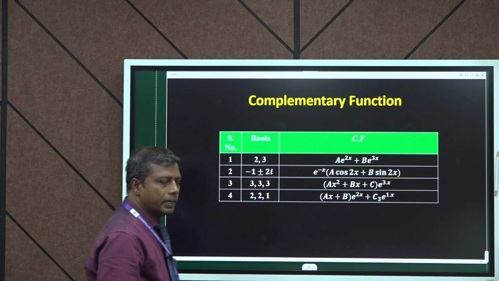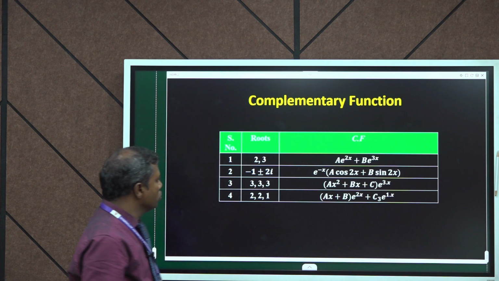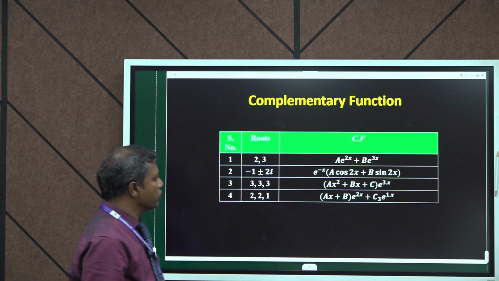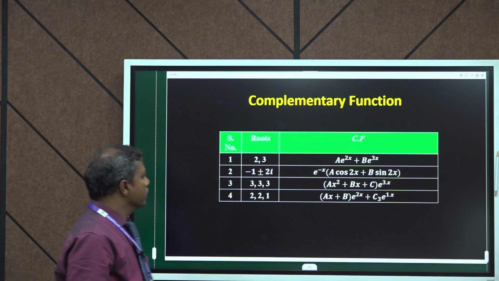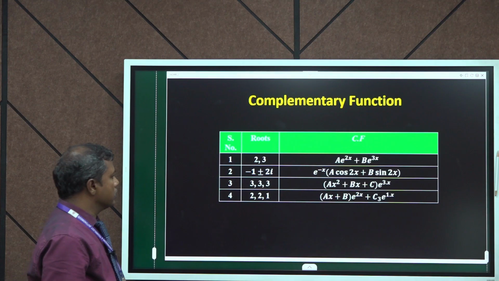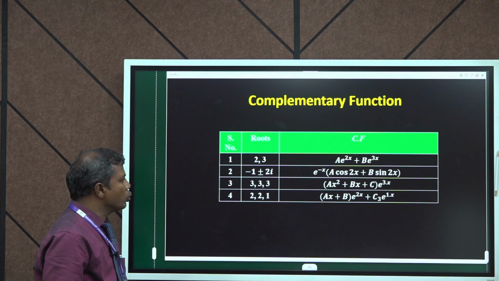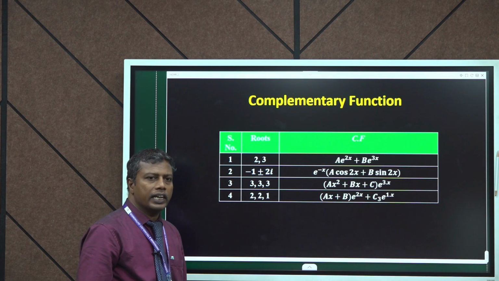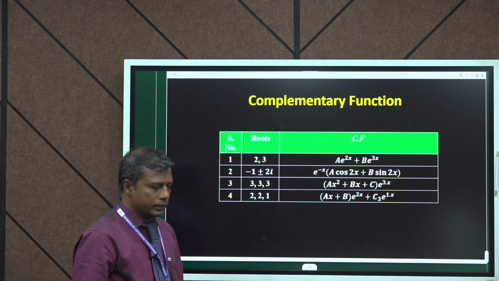Suppose the roots of the auxiliary equation are 2 and 3, the complementary function is a e^(2x) plus b e^(3x). If the roots are complex, for example minus 1 plus or minus 2i, then the complementary function is e^(-x) (a cos 2x plus b sin 2x).